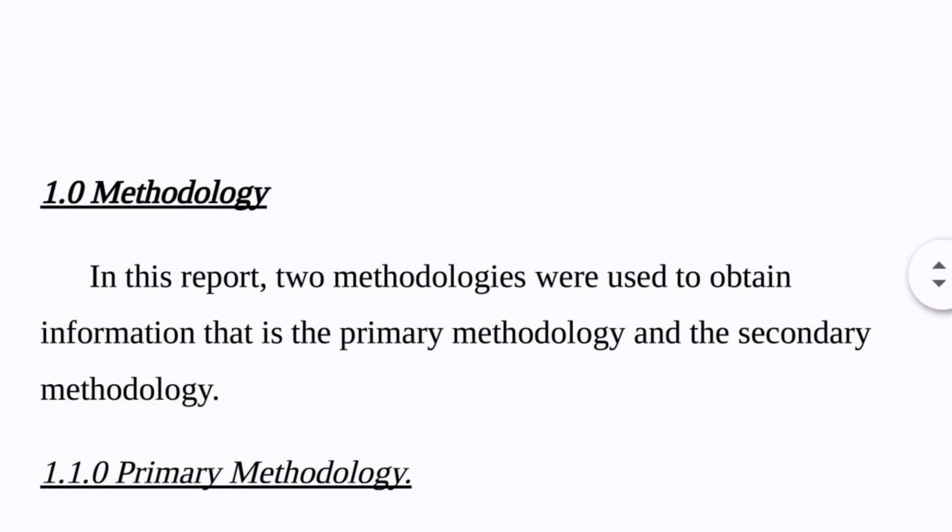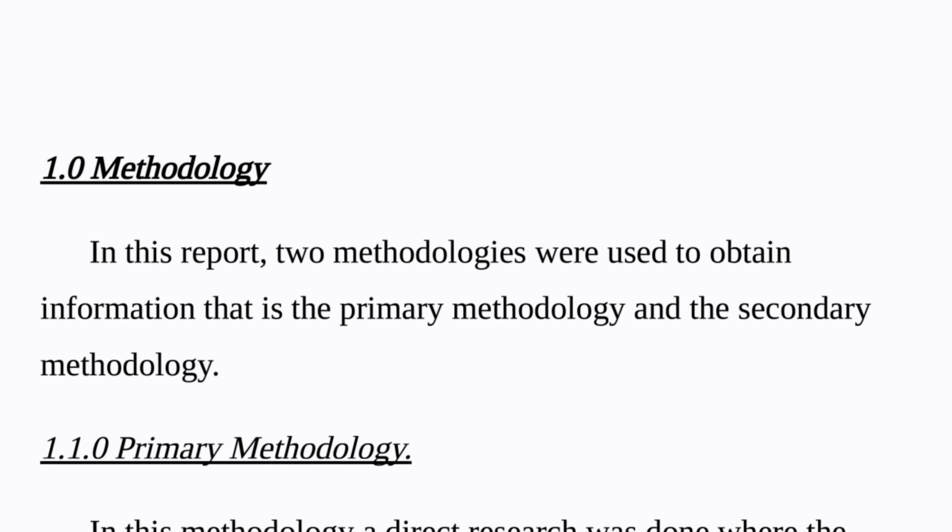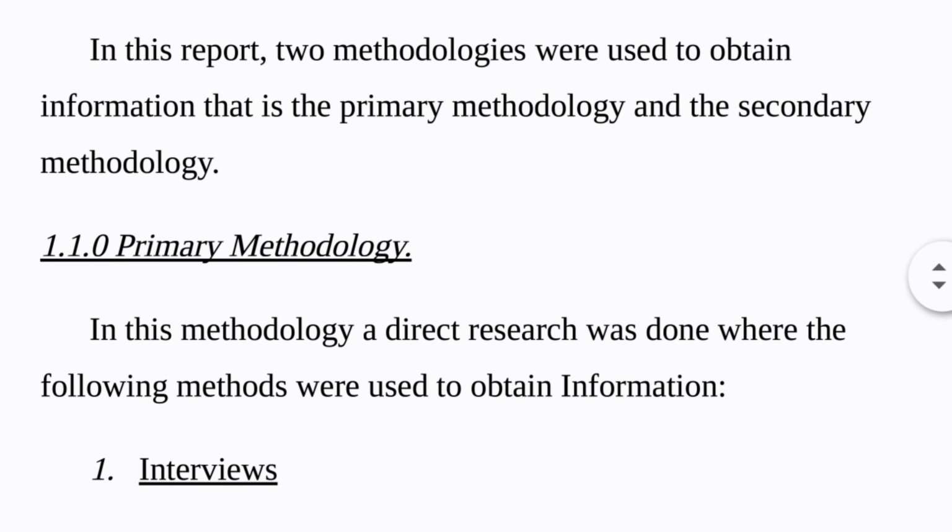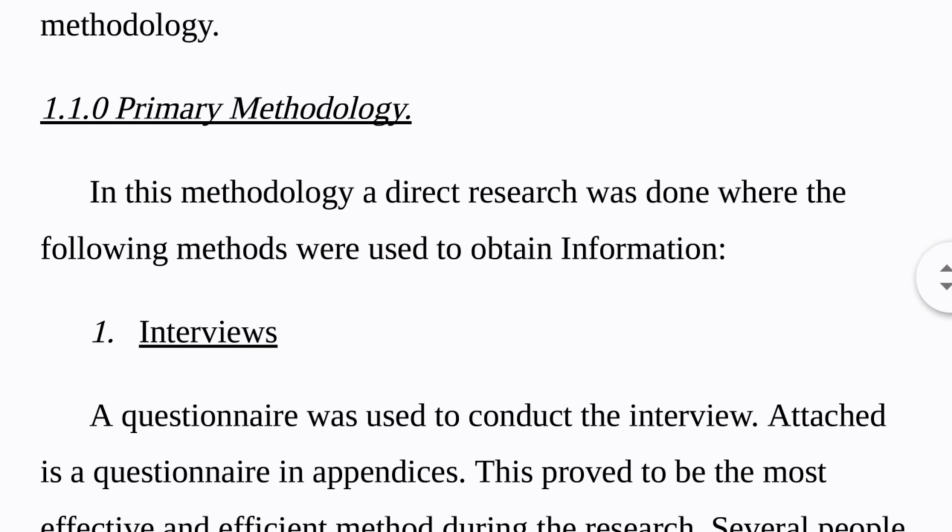And on the objectives, you write about what the study intends or plans to do on a certain topic which is given. Then you move on to the methodology, and on the methodology, you simply write about the methods you use to obtain your information. Mainly there are two types of methodologies, which I mentioned in the previous video: the primary methodology and the secondary methodology.